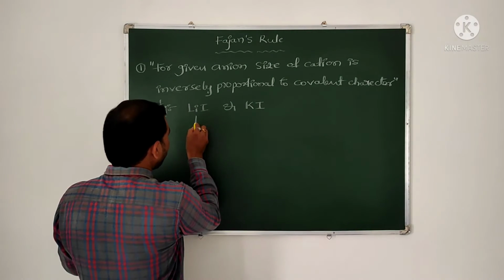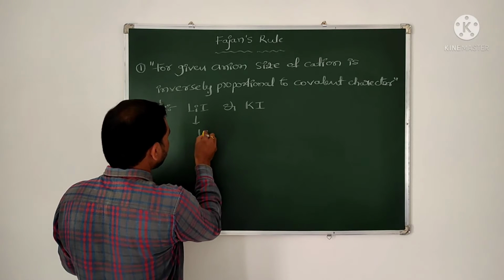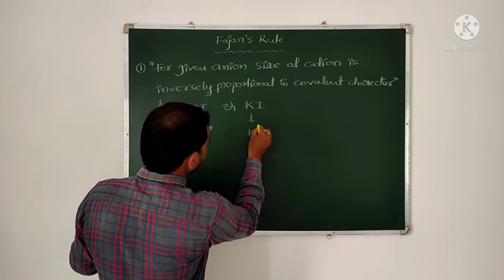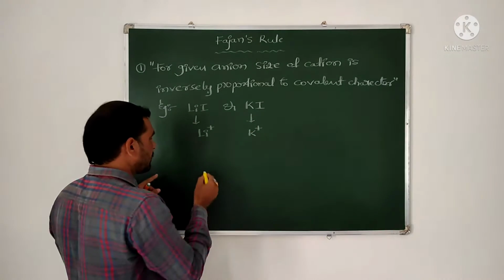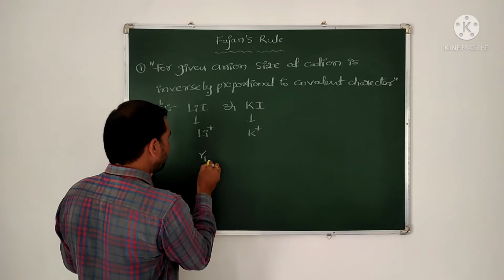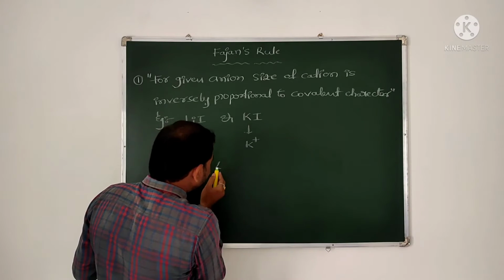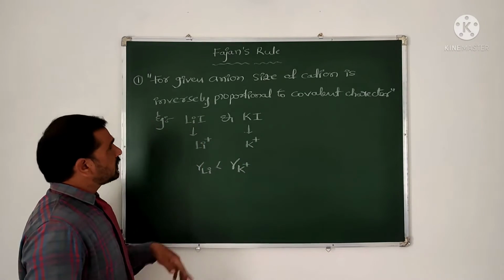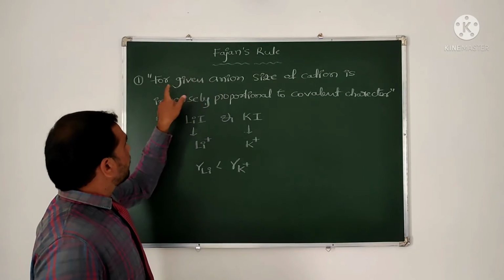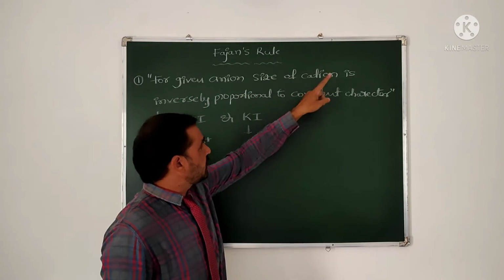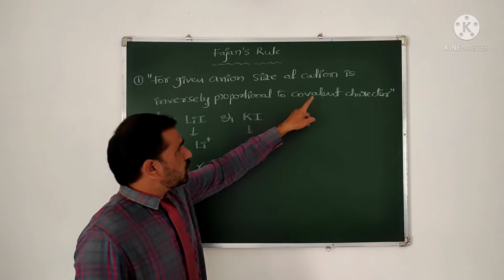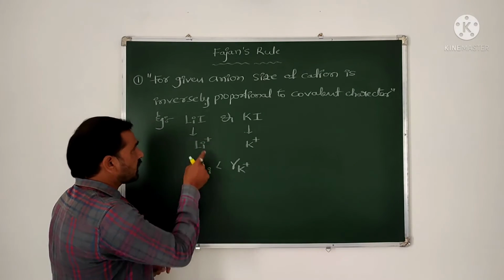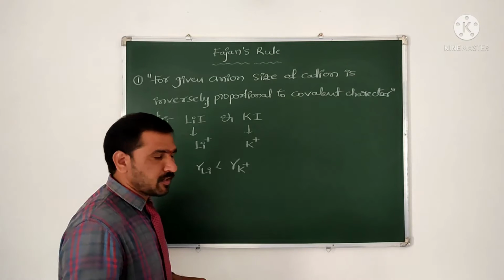So here, lithium Li plus, and here K plus, potassium cation. The radius of lithium is less than the radius of potassium. With respect to this rule, for a given anion, size of cation is inversely proportional to covalent character. It means a smaller size cation compound has more covalent character.